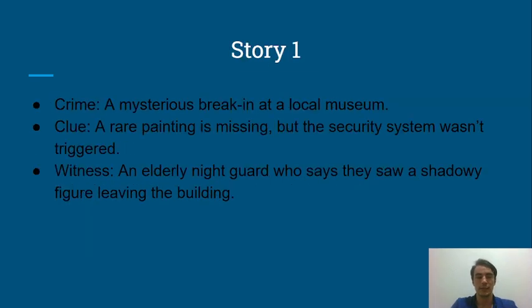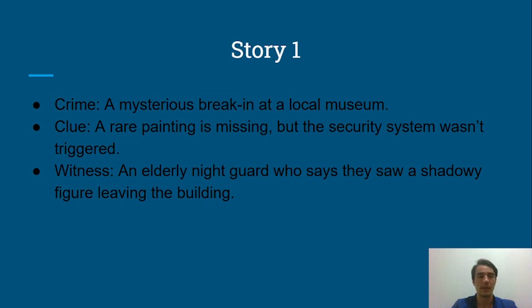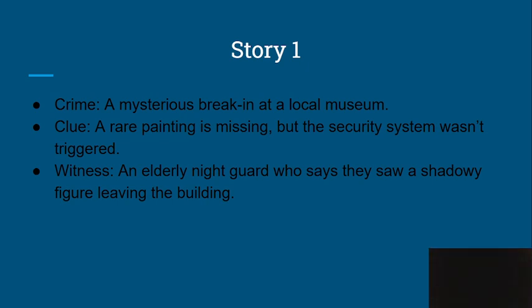Let's see. These are the stories that each group will get. Story 1 is a mysterious break-in at a local museum. A rare painting is missing, but the security system wasn't triggered. This is the clue, and the witness is an elderly night guard who says they saw a shadowy figure leaving the building.